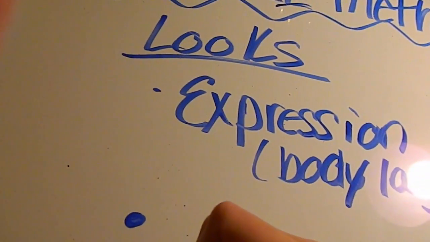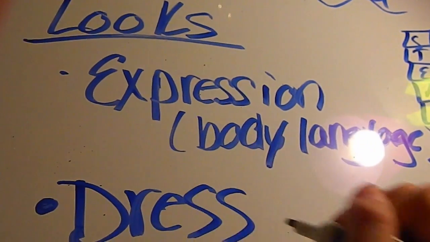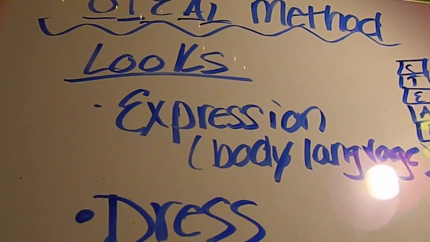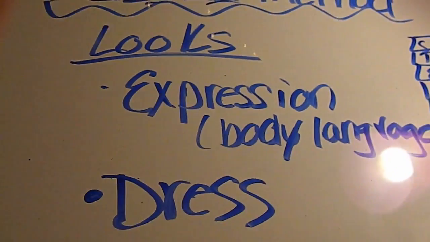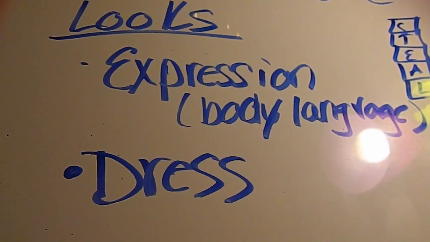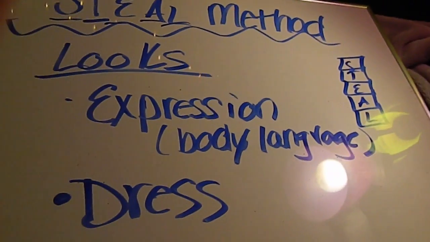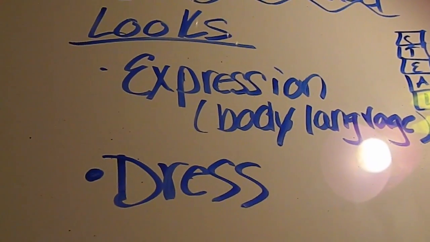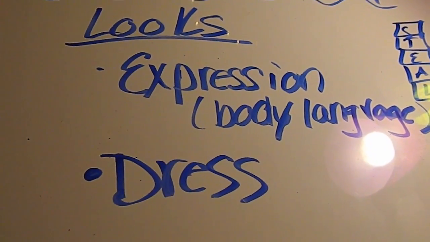Another thing that goes under looks is the way they dress. Again, we're not visually seeing it, but we can take from the detail that the author gives us. For example, if a woman was wearing a Victorian dress, you knew she was not from 2018. You knew she was from the Victorian era.